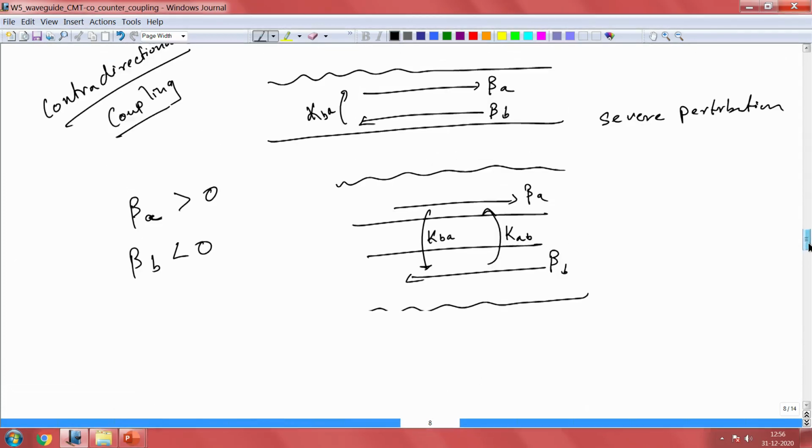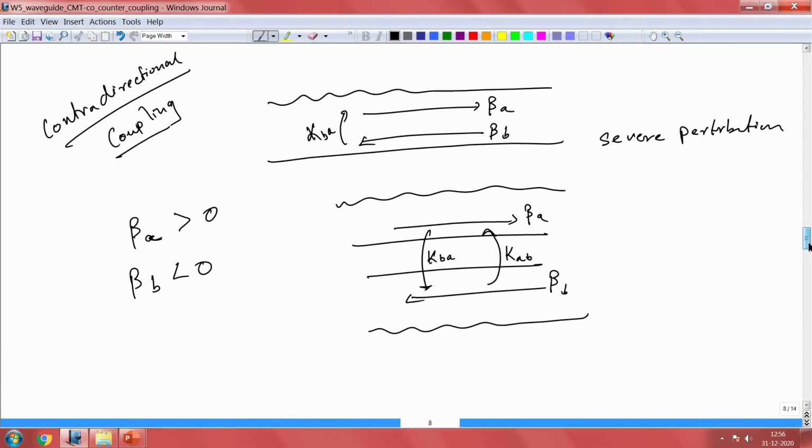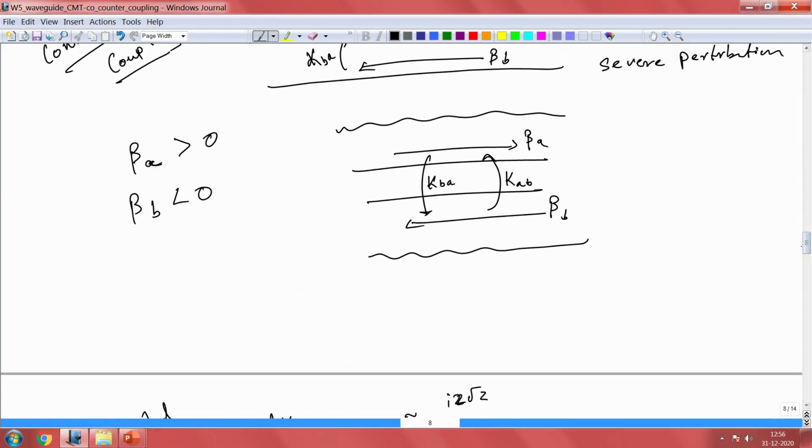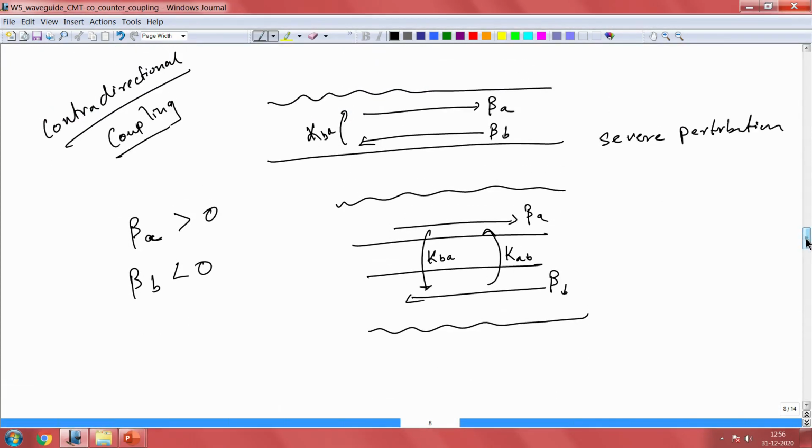A good example here is a very simple grating. It's a Bragg grating, let us say, which we will see later on using this concept, how light could be coupled back and forth using this counter propagation coupling, and we use this concept for making lasers.